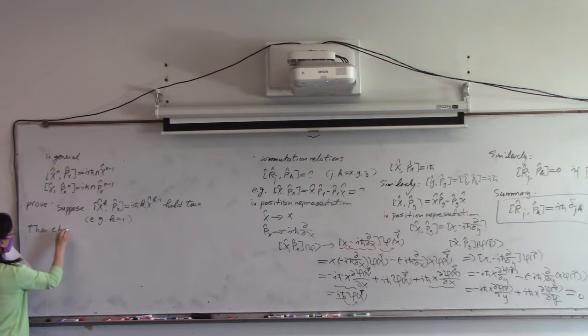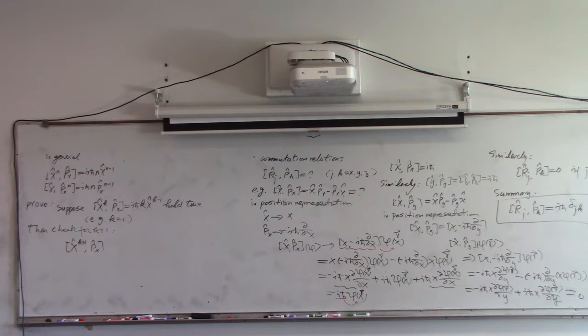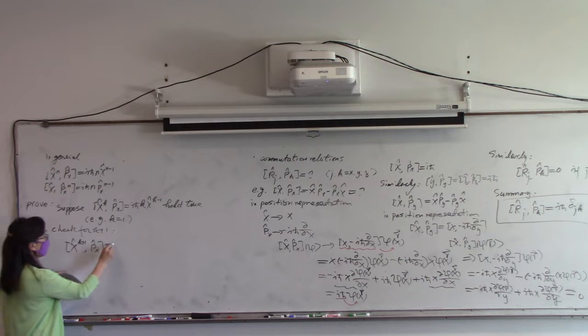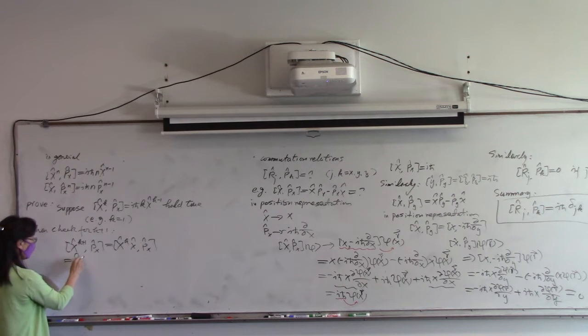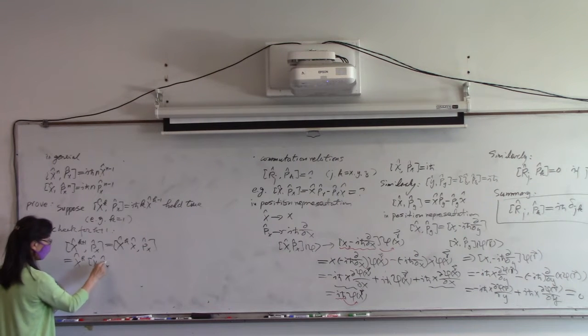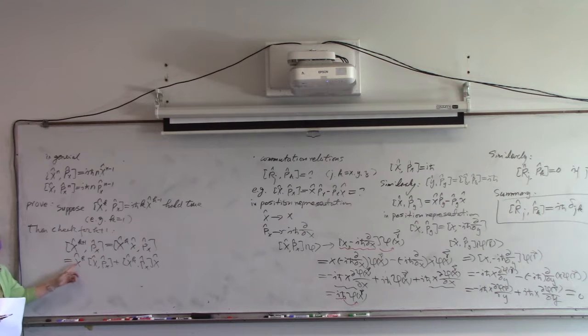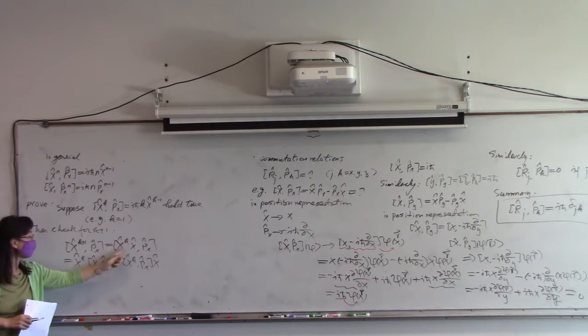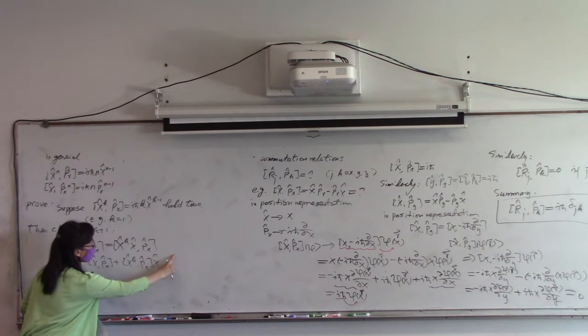Then let's check for k plus 1. Let's look at x to the k plus 1 with px. If you remember how to deal with the commutator: this is x to the k, x, px, and we take x to the k in front, plus the other term. Remember, if I have a product AB with C, then A in front goes first outside the commutator, with B and C; then A with C, but B goes to the back.